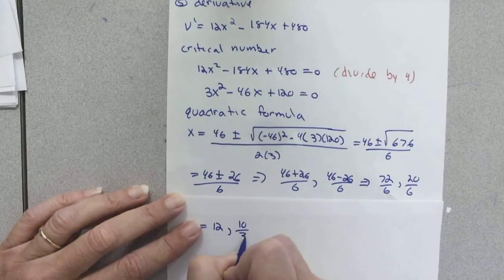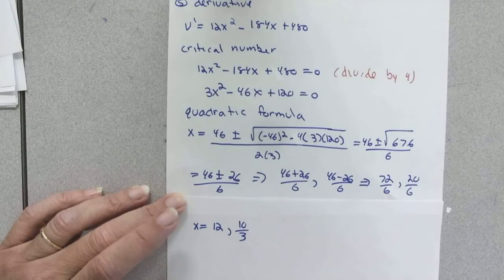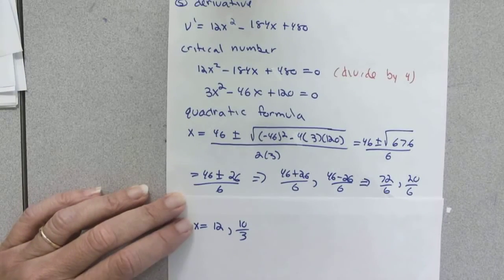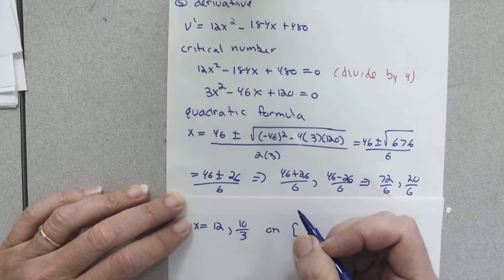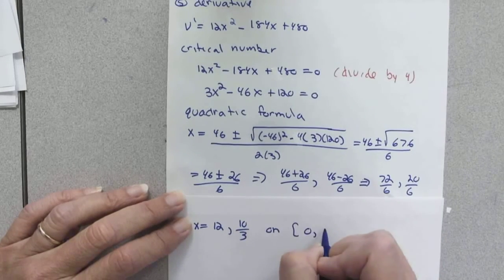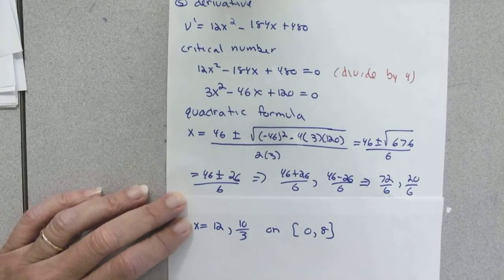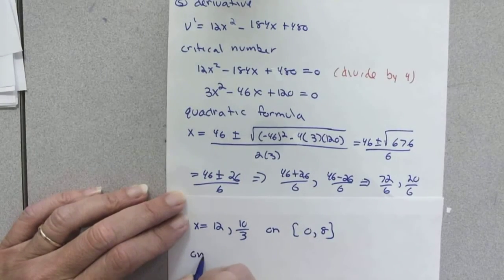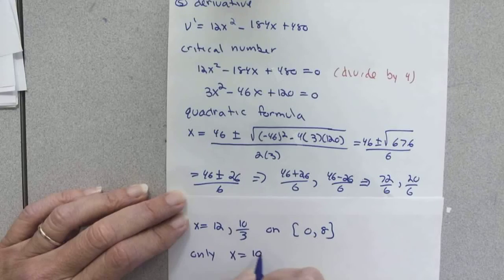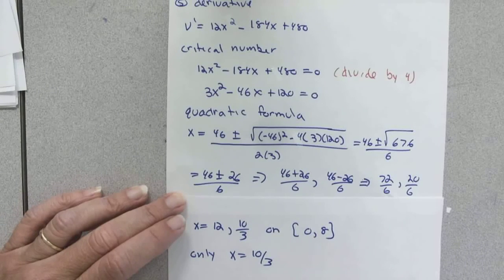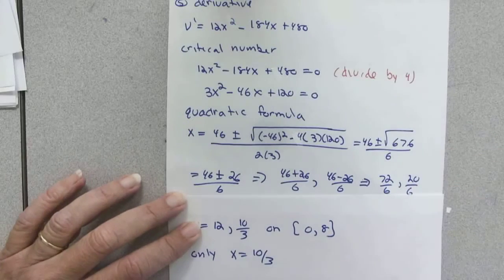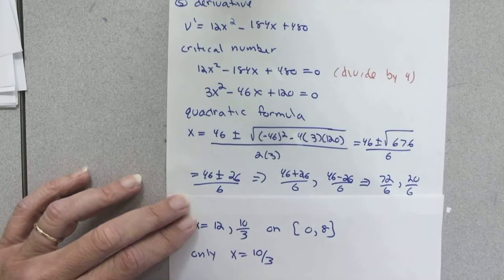But on the interval, which was 0 to 8, only x equals 10/3 works. So I have to reject the 12 because it wasn't on the interval that I needed. So there's my critical number, but I've got to do step 6.